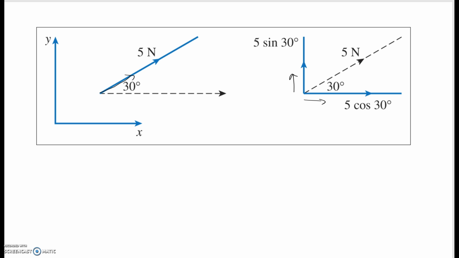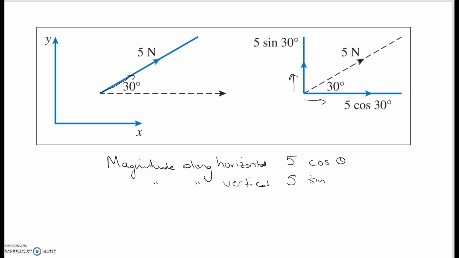Now again, with a little bit more trigonometry, we can see that the magnitude along the horizontal is going to be 5 cos theta, and the magnitude along the vertical is going to be 5 sine theta.